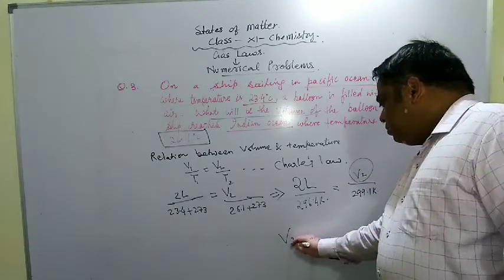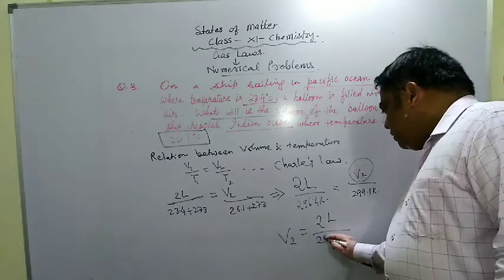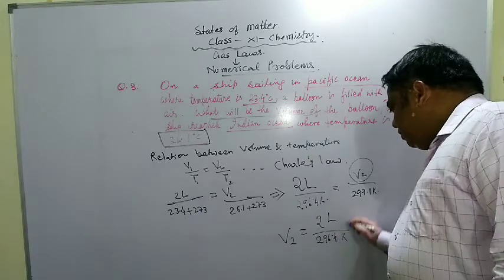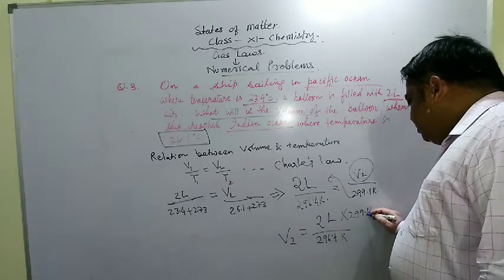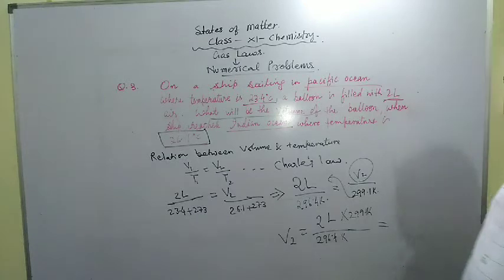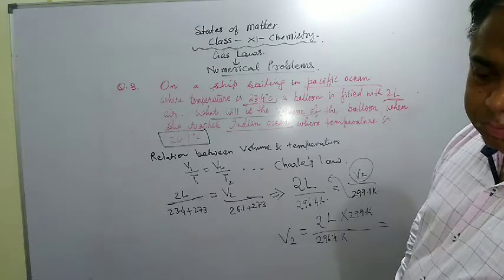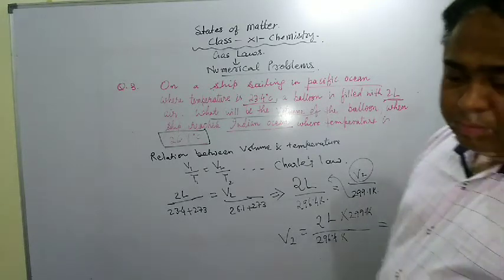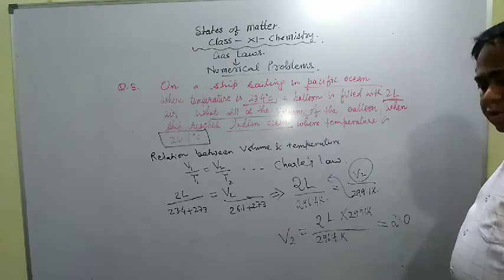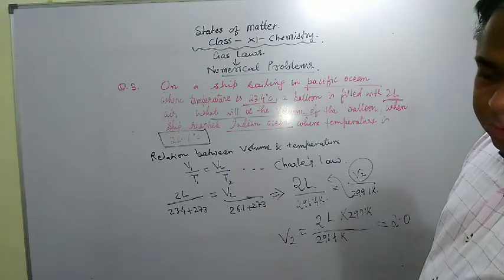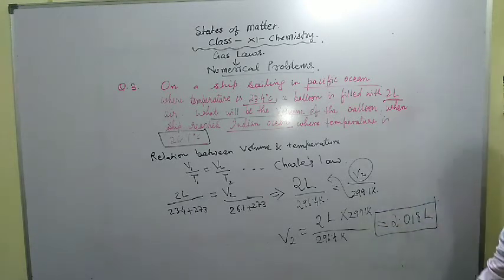V2 will be equal to 2 liter by 296.4 Kelvin multiplied by 299.1 Kelvin, and this value will come out to be 2.018 liter. Calculate and see yourself once.